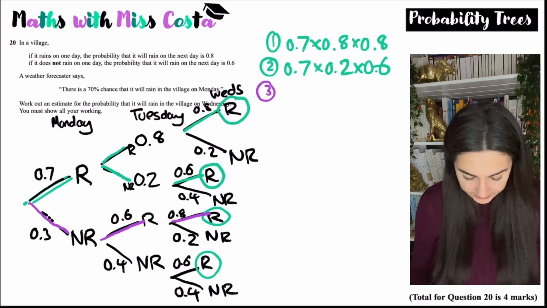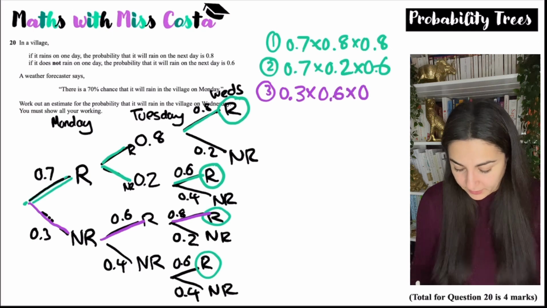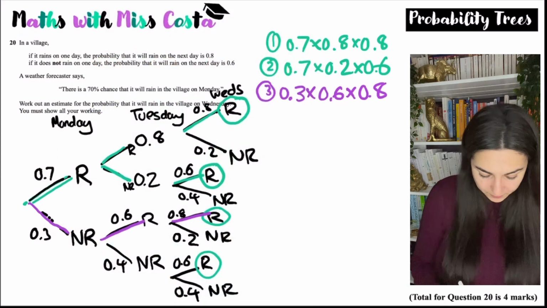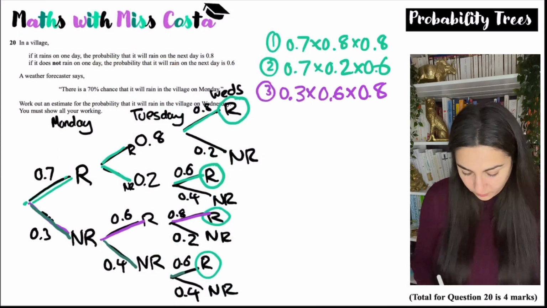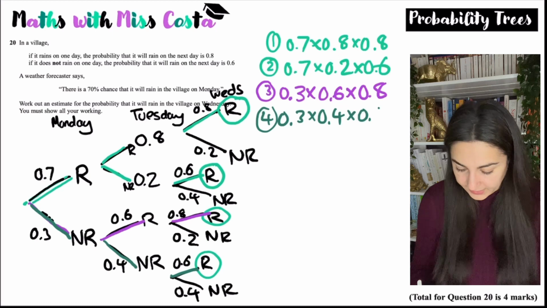So that would be 0.3 times 0.6 times 0.8. And then the other option would have been not rain, not rain, rain. So that would be 0.3 times 0.4 times 0.6.